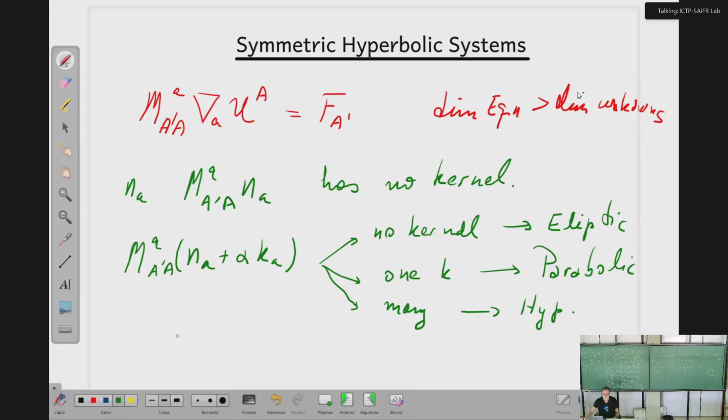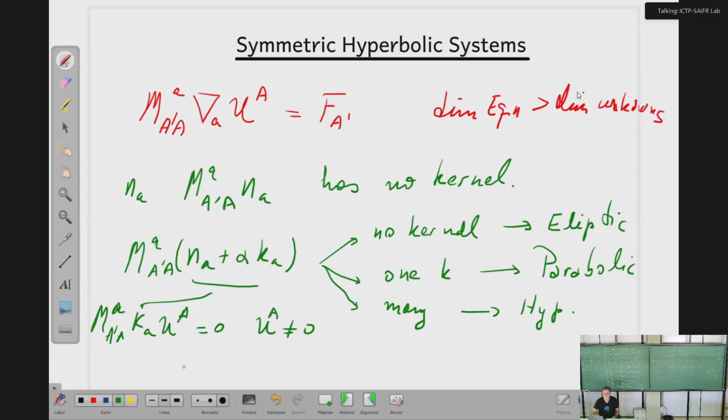the idea behind this is that along the kernels, let's say if you have a k, I'm just calling k this here, such that this has a kernel. That means there is a u such that this is 0, u different from 0.